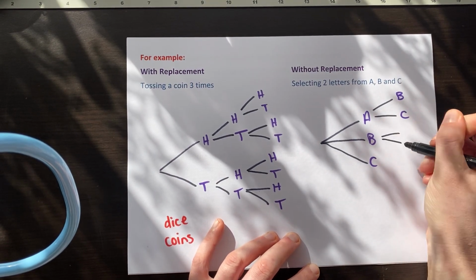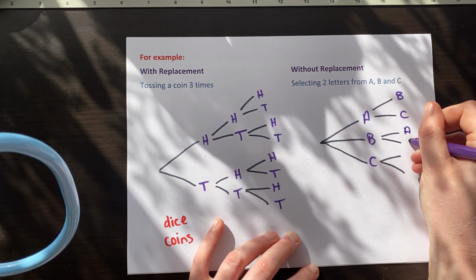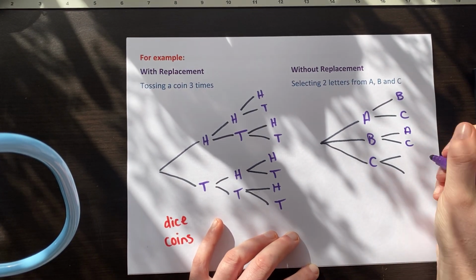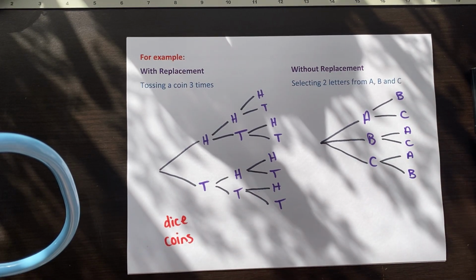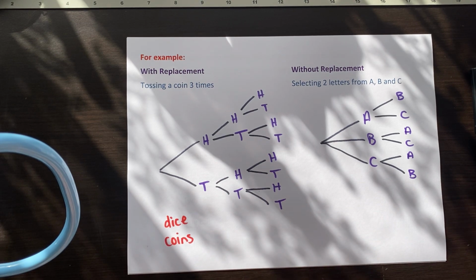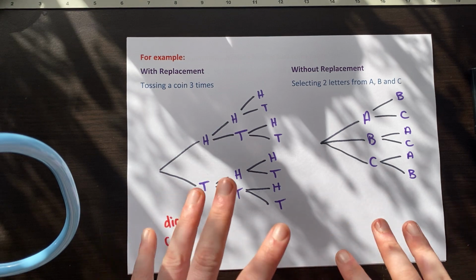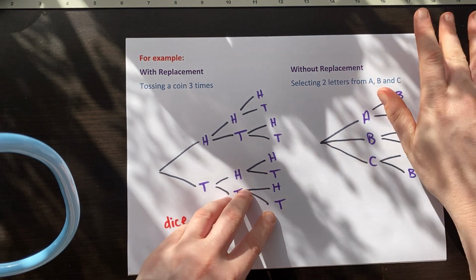It's a similar thing for the rest of them. If you pulled the B out first, only the A and the C are left. If you pulled out the C, you'd only have the A and the B left when you go to do your second draw. They call that without replacement because we're not putting it back in to be possibly drawn out again. Just keep a watch out for that important without or with replacement in any questions you're doing.